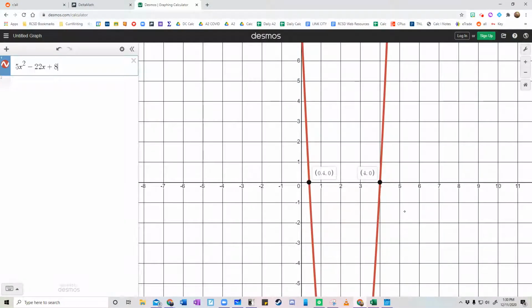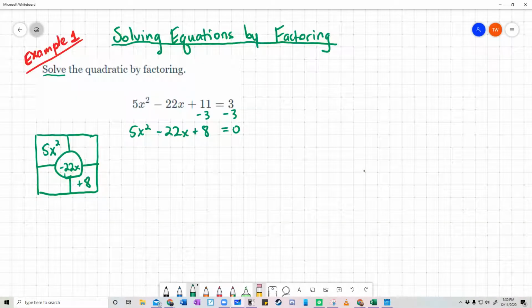If there's a zero at positive 4, let's just remember that the factored form is going to have an x minus 4. And that's a big piece of my puzzle, because if I look at this, then I'm thinking negative 4 times something equals positive 8. And we know that something is a negative 2. Negative 2 times negative 4 gives us positive 8.